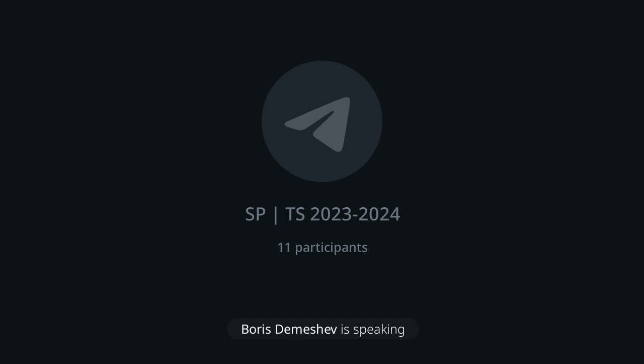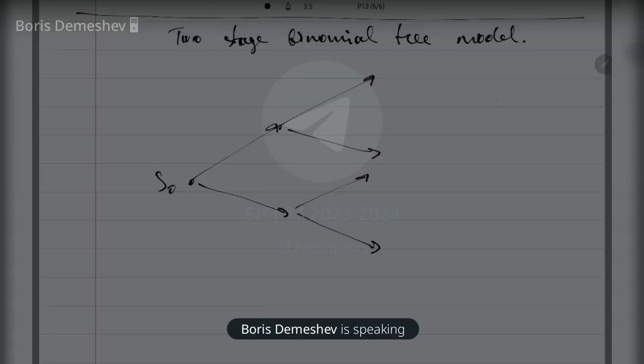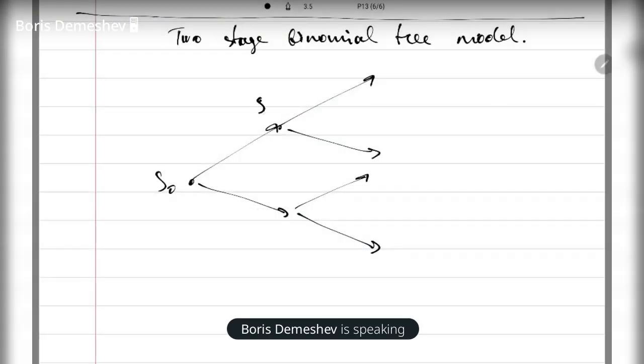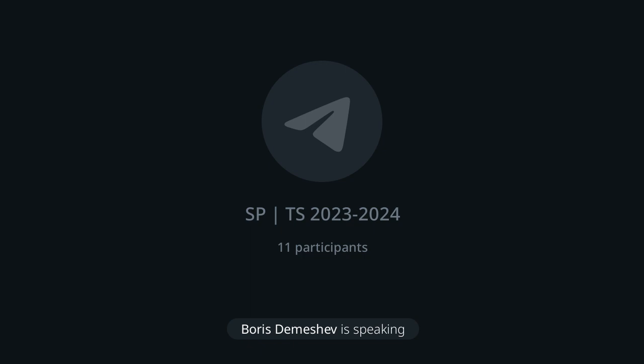Okay, so the price at time moment 0 is S0, a constant. S1 is a random variable. The price may go up and the price may go down.